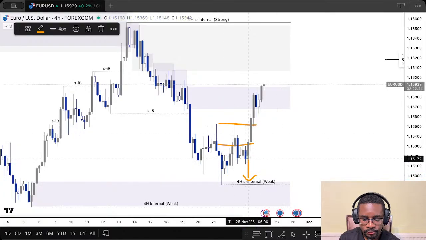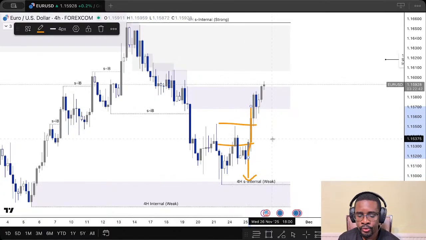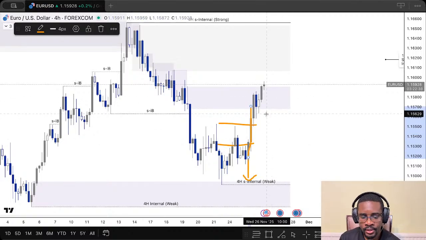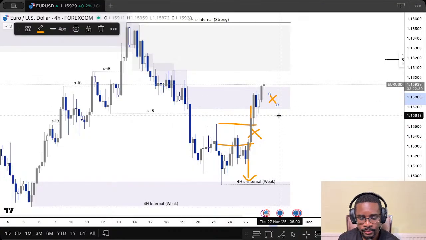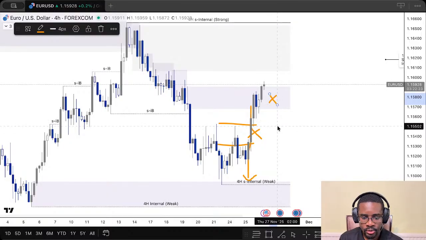However, price just blasted through. It has also blasted through this one. So now we're starting to see the failure of supply zones, the failure of two supply areas. What that could mean is price is now switching bullish.